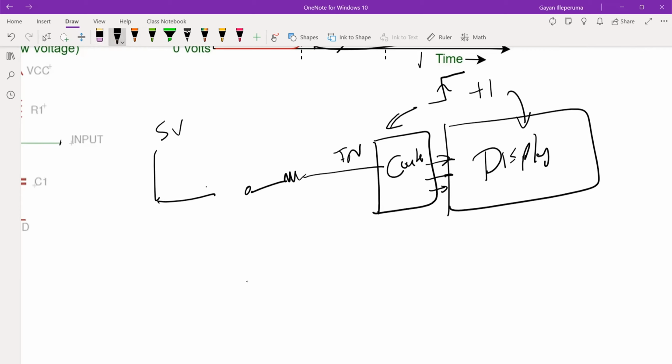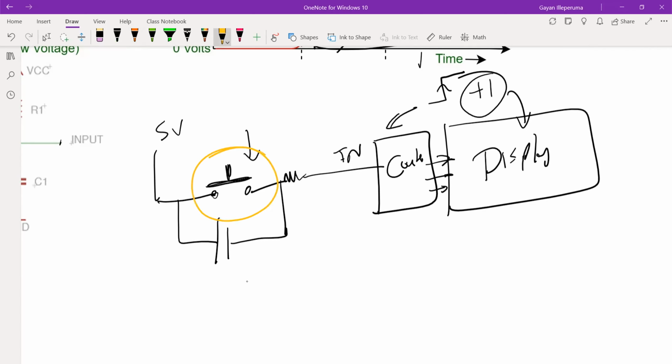Let's put the push button. So what you expect is, okay, we'll put a debouncing part as well. What you expect is, each time you push this one, the number will increment by 1. But there's a small problem with this particular scenario. To be precise, this part has a particular problem. Can you think what the problem might be?